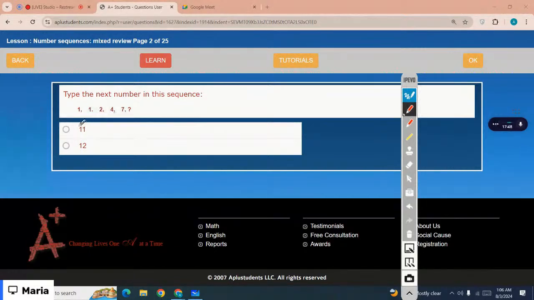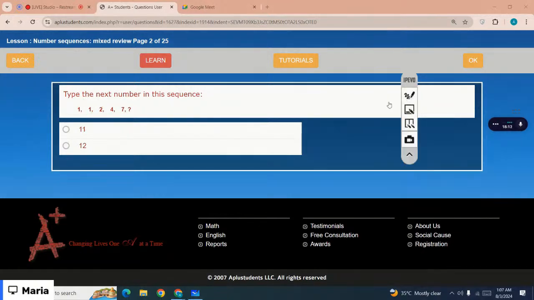The next one is 1 plus 0 is 1, 1 plus 1 is 2, 2 plus 4 is 7, 7 plus 4 makes 11. The next number is 11. Got it? The next number is 11. Option number 1 is the correct option.